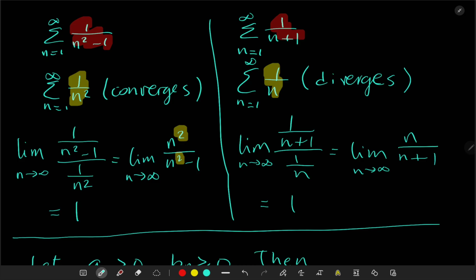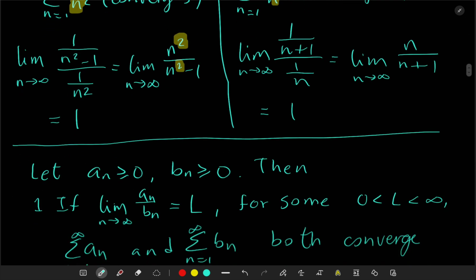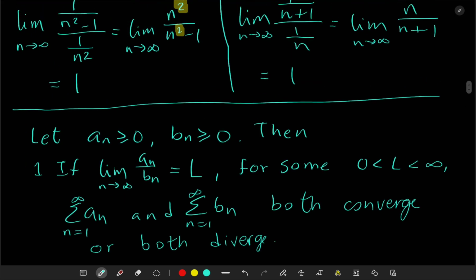The only way the order would matter is if the limit goes to 0 in one order and goes to infinity in the other. But if the limit went to 2, the reciprocal will be 1/2. That is not going to change the conclusion of the theorem that says both converge or both diverge.